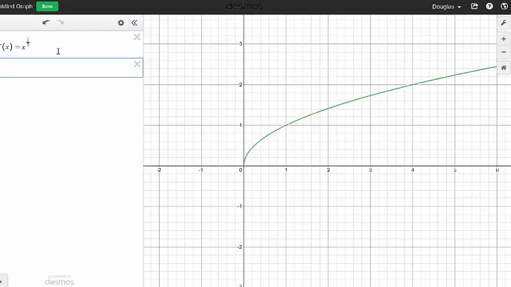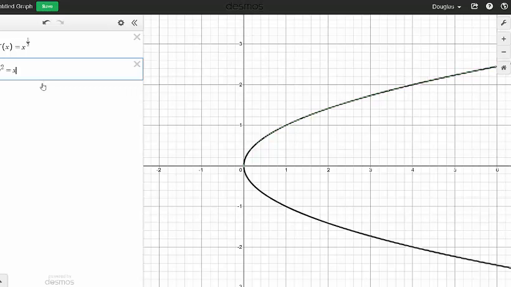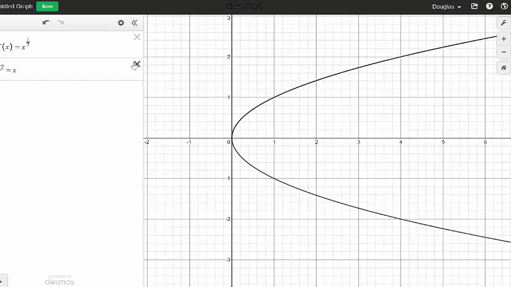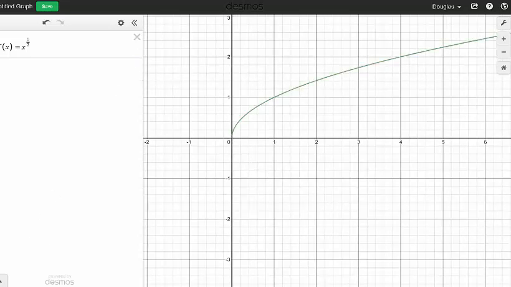Note that if I were to graph the relation y squared equals x, you do get exactly a parabola on its side. Note this is a relation, not a function, though. All right, so that's what that looks like. Let's move on.